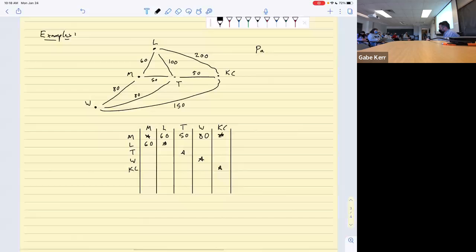I'm going to make that definition now: paths which visit each vertex exactly once. These are called Hamilton paths.